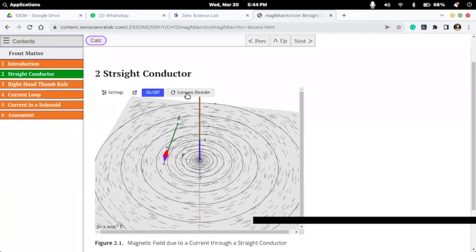Now you can see whether there is a magnetic field or not. I am trying to change the direction of the compass, right? But once again, it is getting aligned towards this direction.